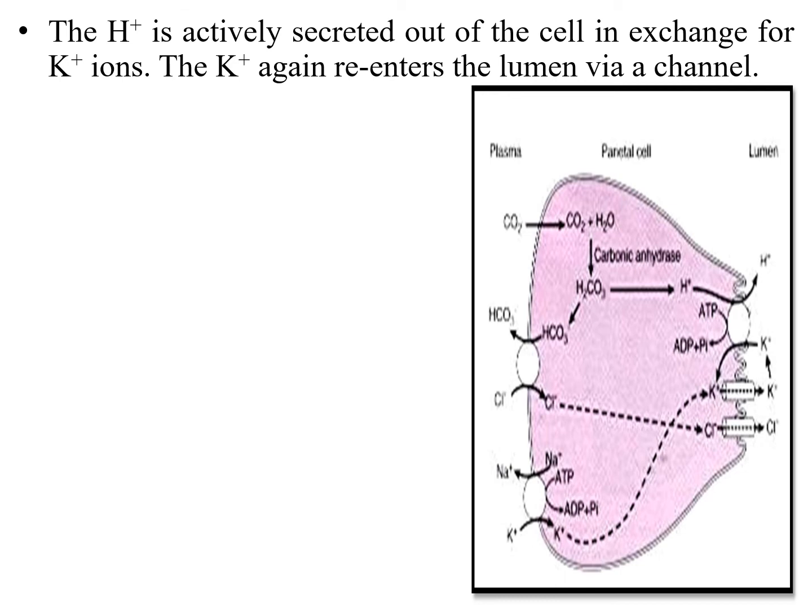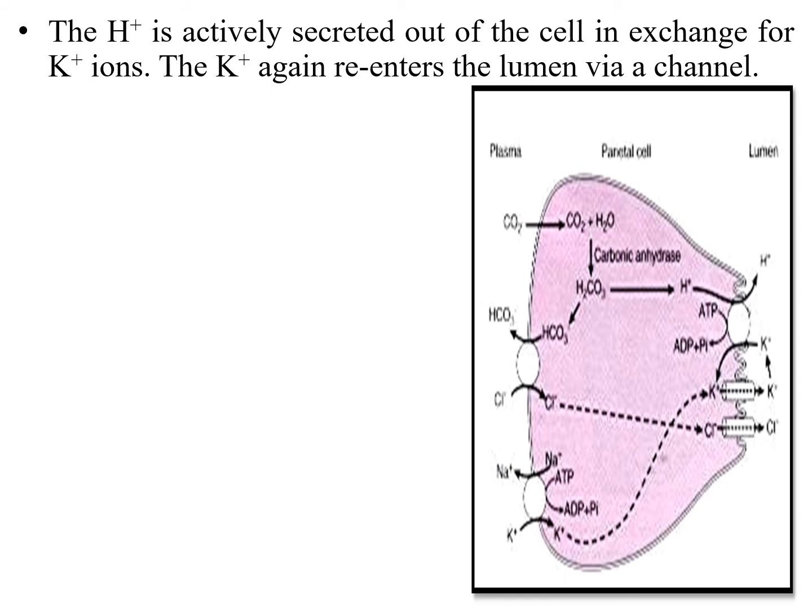Potassium was already in excess inside the cell because intracellular fluid contains a lot of potassium. So whenever a potassium comes in, it has the tendency to go out because of the concentration gradient, which is maintained by the sodium potassium ATPase that is present in all cells in the basolateral side.